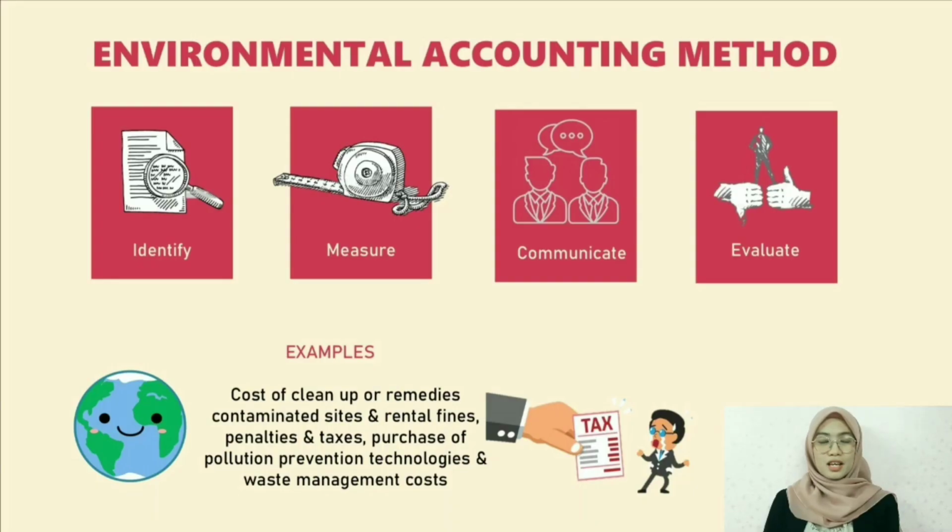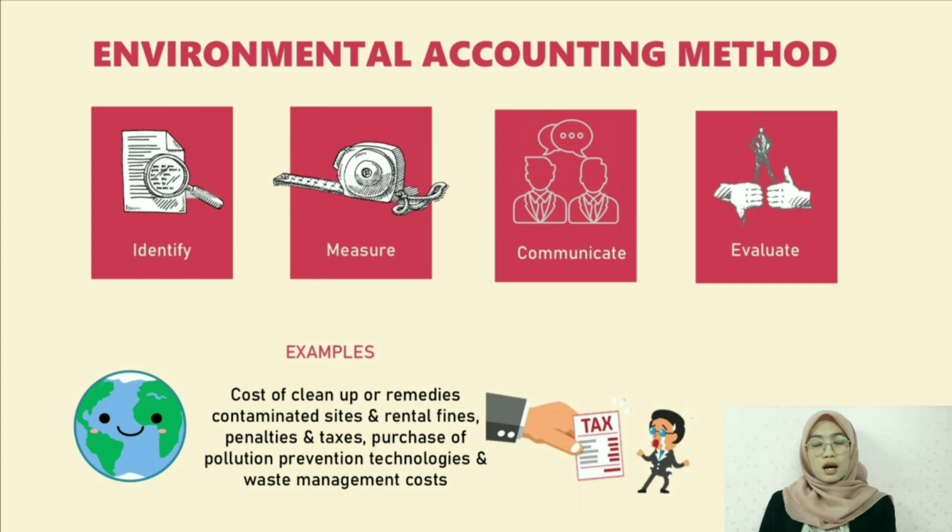How do we measure economic impact? The method used to measure the economic impact of environmental cost is the environmental accounting method. Environmental accounting is a field that identifies resource use, and measures as well as communicates the cost of a company's or nation's economic impact on the environment.